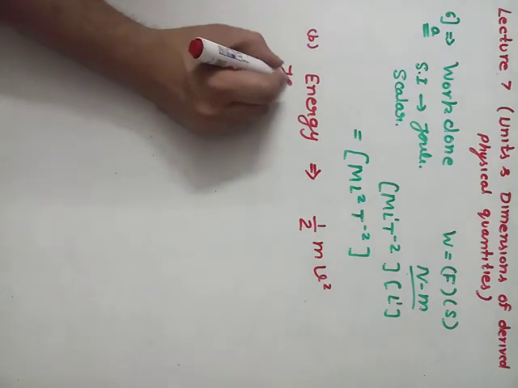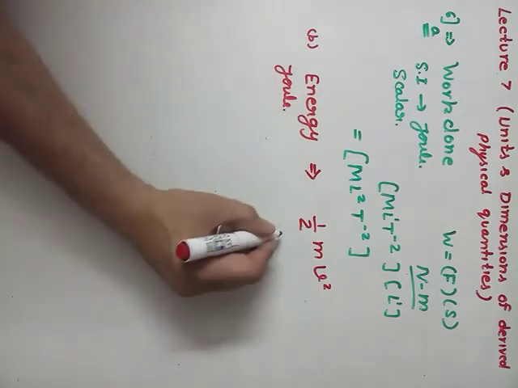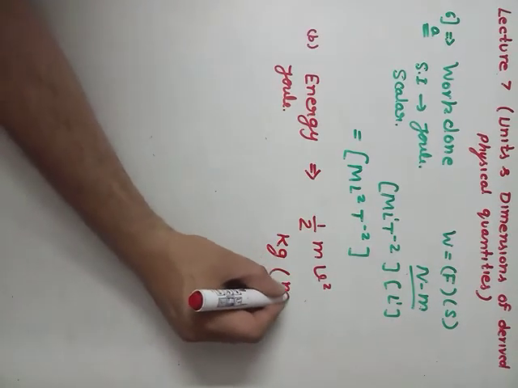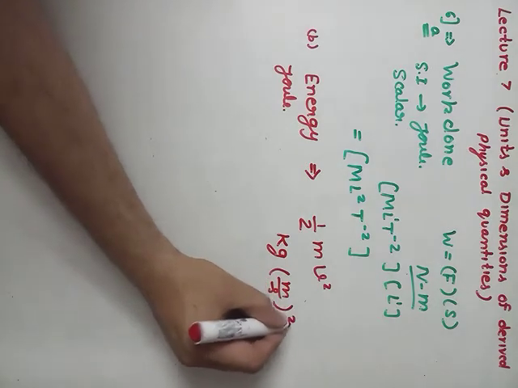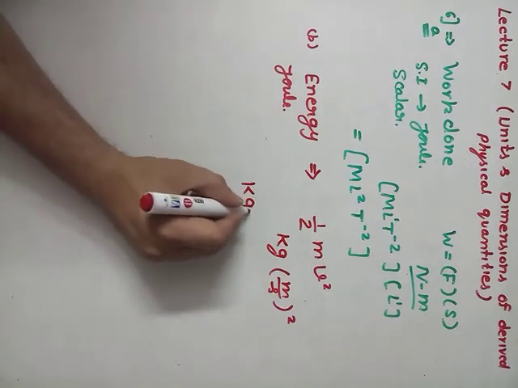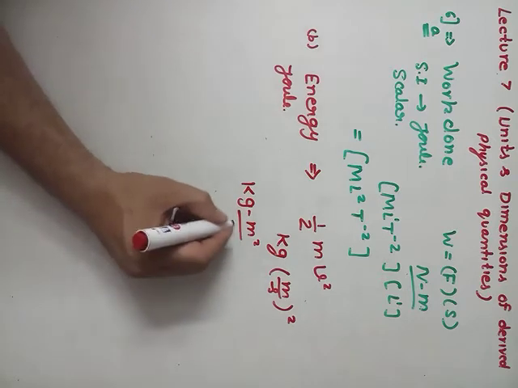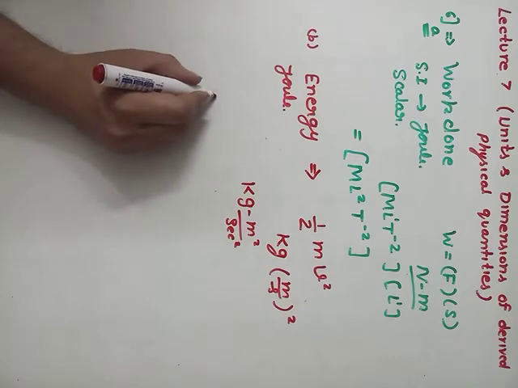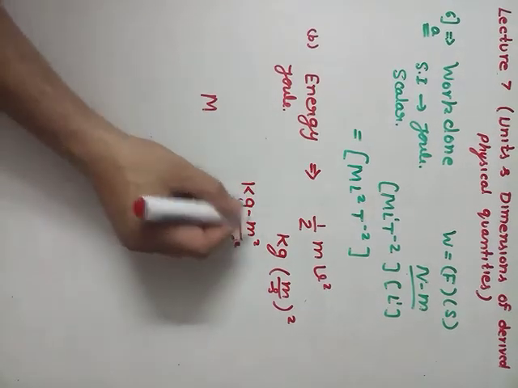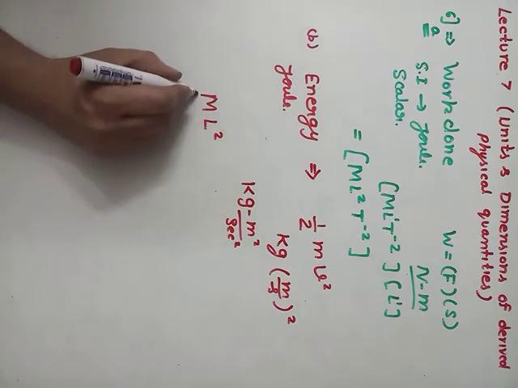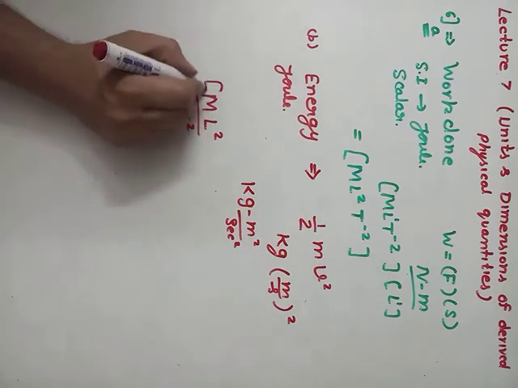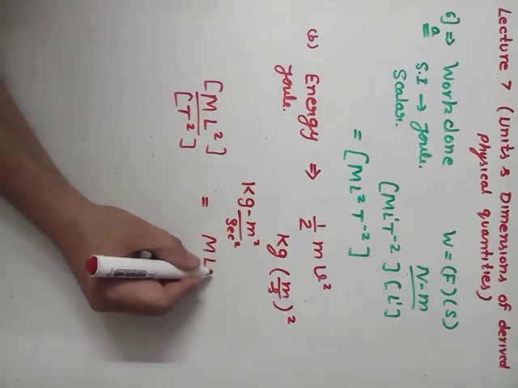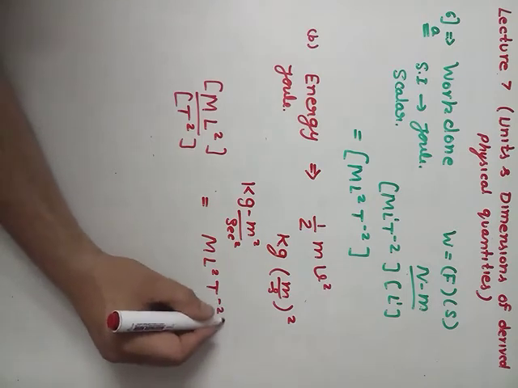It is a scalar quantity, and its unit is also joule. In the MKS system we can write it as kg times velocity in meter per second whole square, or kg meter square upon second square. Its dimension is given as kg is M, meter square is L^2 upon T^2. When T^2 is taken to the numerator, we get ML^2T^-2.